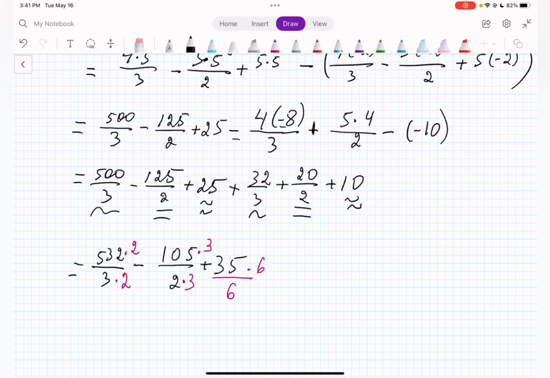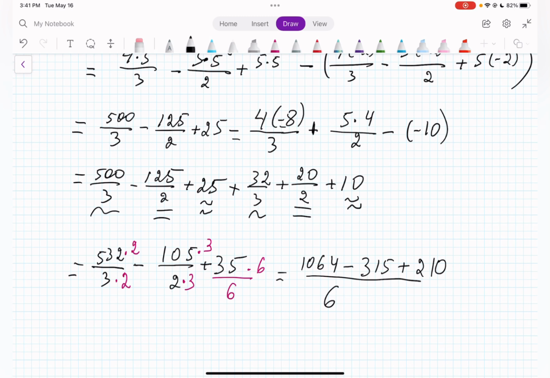It is going to be 532 times 2. 2 times 2 is 4, 6, and 10. Okay, minus 315 and plus 6 times 5 is 30, 3 in mind, 6 times 3 is 18, and 3, 21.